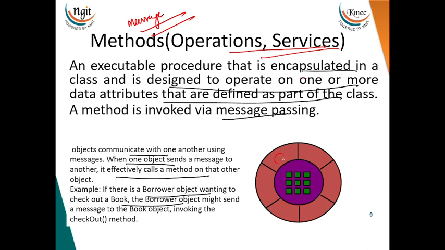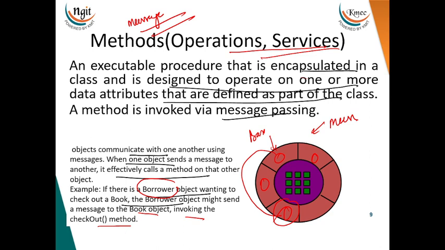One method is calling another. That is called message passing. For example, if a borrower object wants to check out a book, it will send a message to the book object, invoking the checkout method.